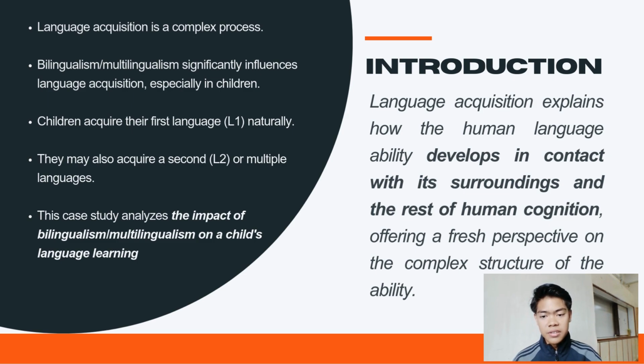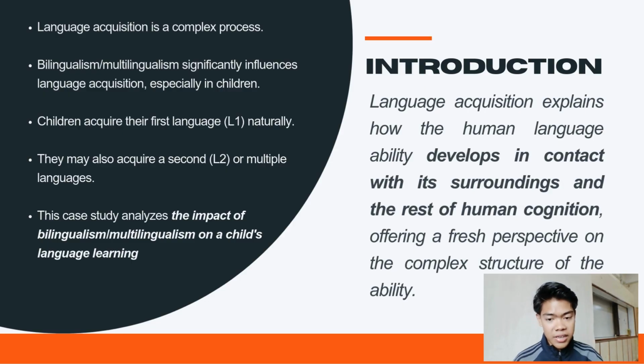But the difference here is how an infant or a child progresses through their language development. I also believe that every child will acquire their native language, or in educational jargon, we call it L1.